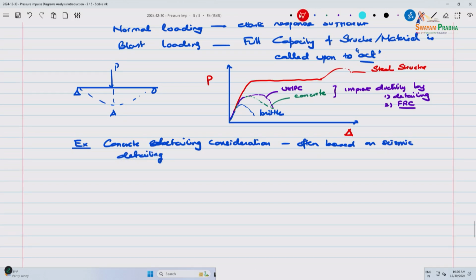So, borrow from the work done. So for example, columns with a different variety of stirrup types and spacing, I should say, not distances.